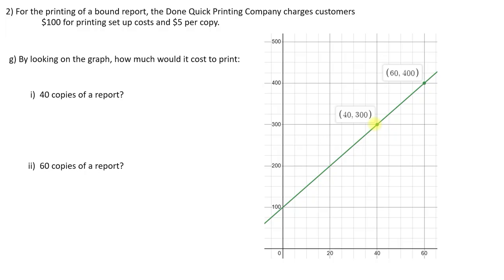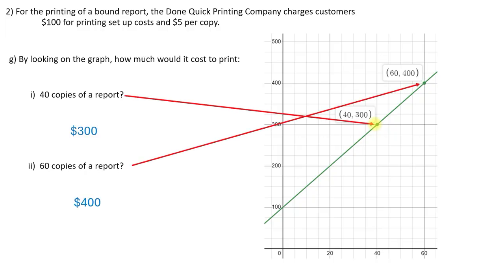So it would cost $300 to copy 40 copies, and for 60 we would do the same. We'd come across to the 60 copy mark and then move up vertically until we hit the graph, and we see that it hits the graph right at the $400 mark, so it would cost $400 to print 60 copies.